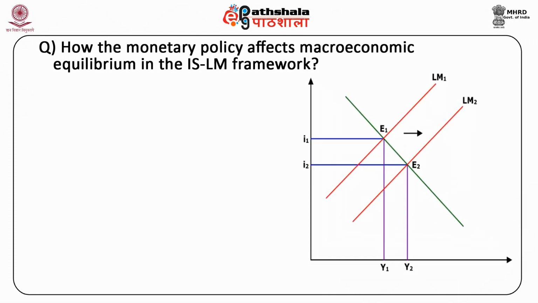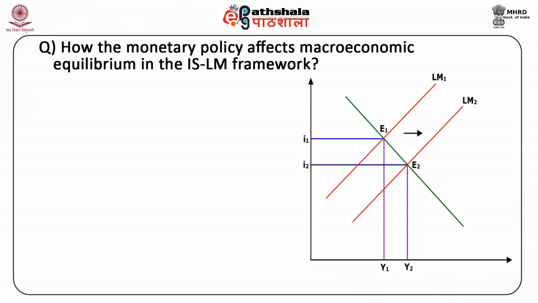Consider an increase in the supply of money from M1/P to M2/P. In this case, the LM curve shifts rightwards from LM1 to LM2 and the equilibrium interest rate falls from I1 to I2 while income increases from Y1 to Y2.